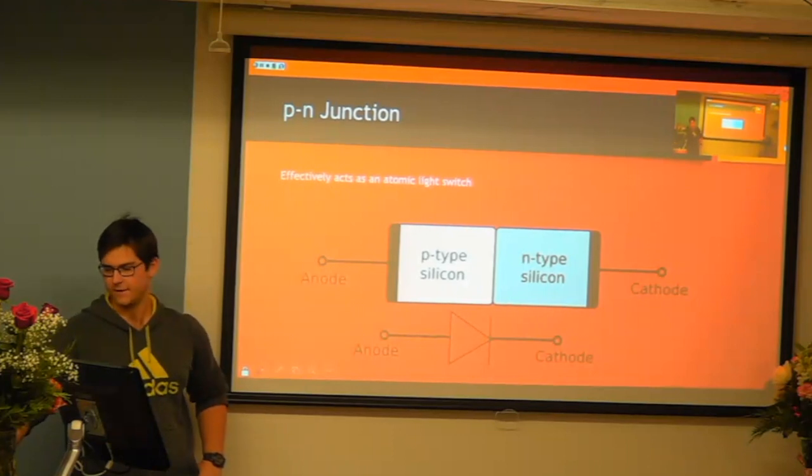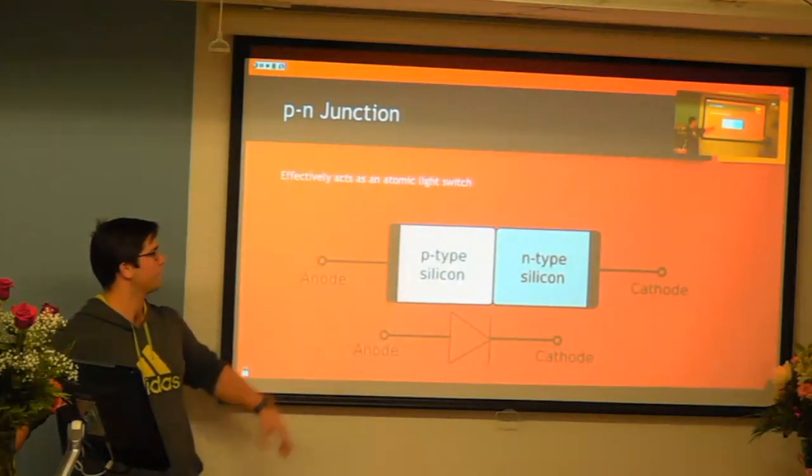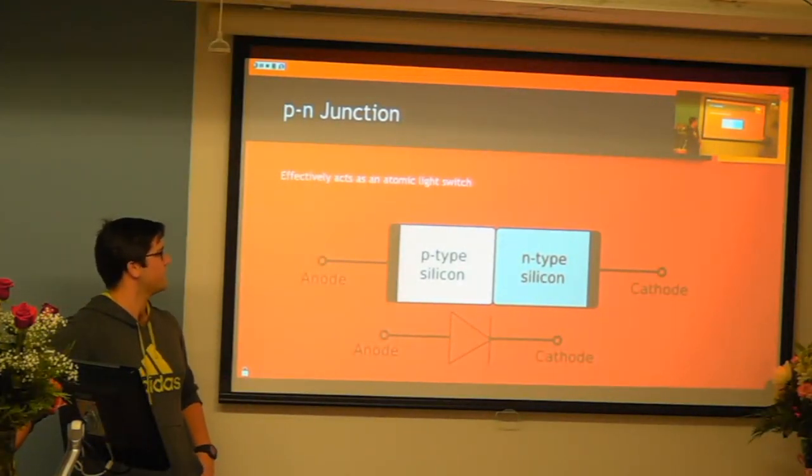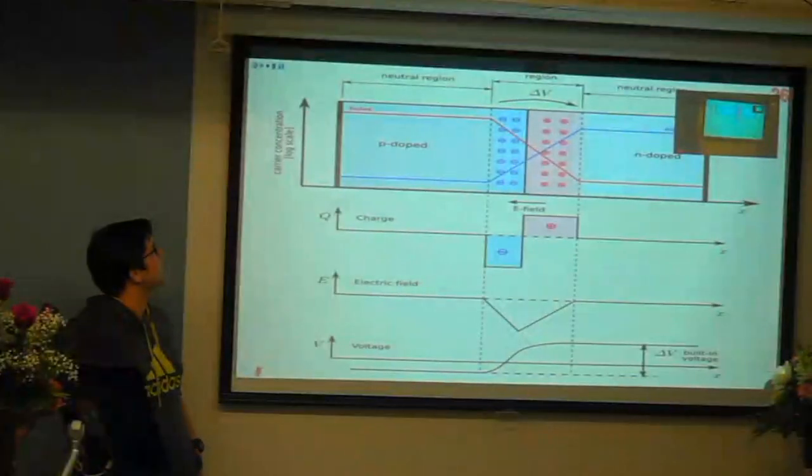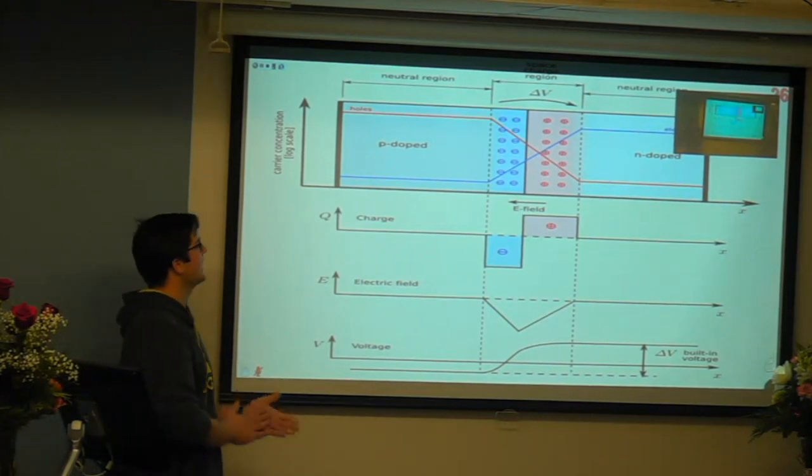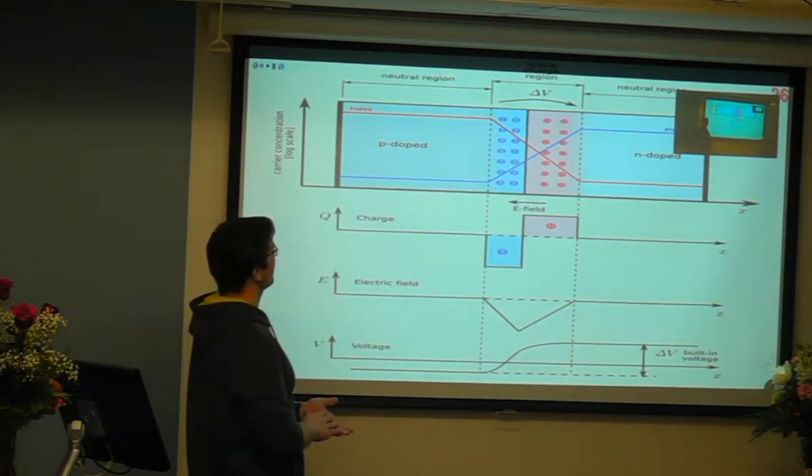So this is what makes the light switch of the transistors. This image is basically telling us how a transistor works.